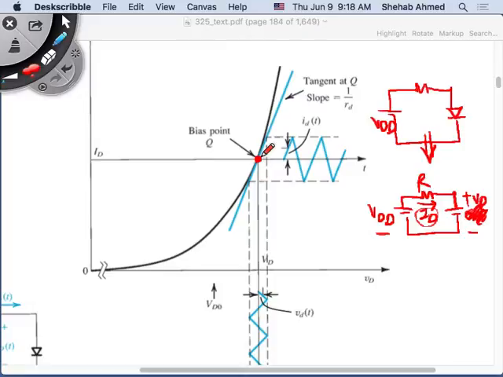After we found the operating point, using the VD and ID from the DC operating point analysis of the circuit, we said, okay, the power supply in the original circuit also has some ripple. If this was a linear circuit, I can use superposition.